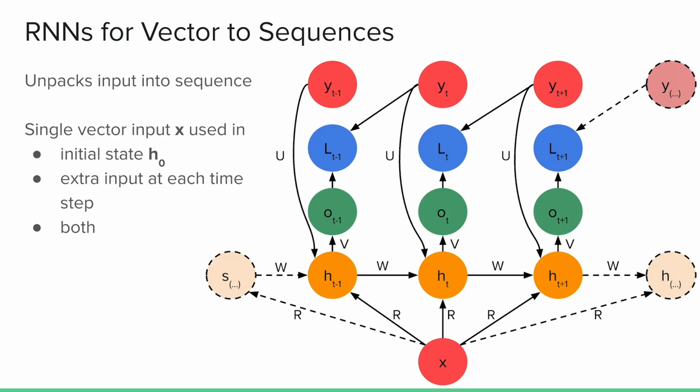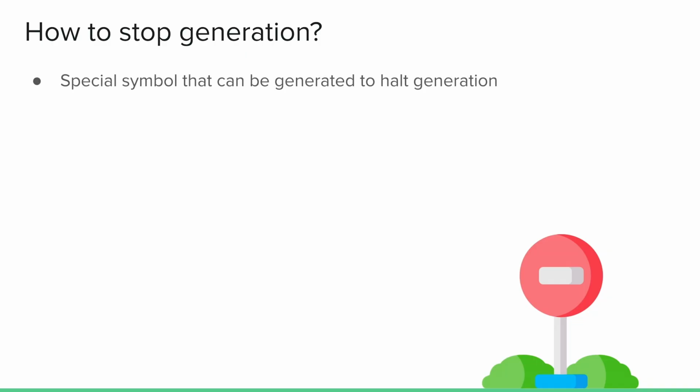One interesting question to you now is, how do we stop this? How does the network know, if we just have one input, that it should stop producing stuff? Otherwise it will just go on and say rubbish after rubbish. There are different ways you can do it. One would be that there is a special symbol that the network has the capability to generate.